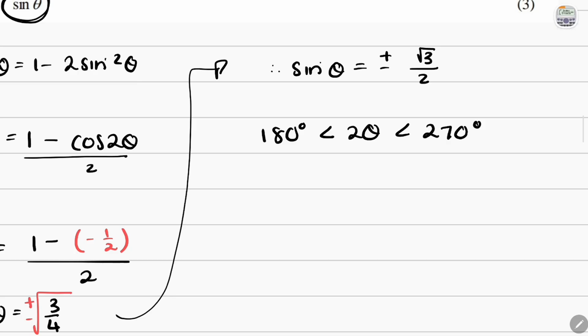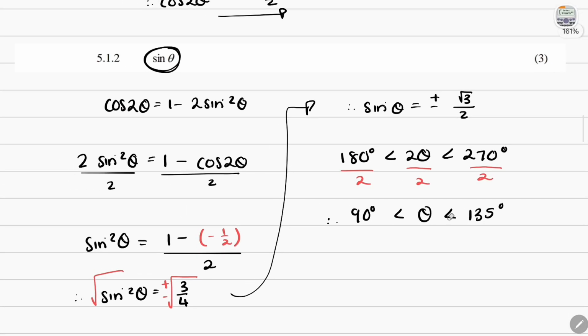Where exactly is theta? Well, you could just divide these by 2 just to find out what theta is. And so we could see that theta is greater than 90 degrees, but less than 270 divided by 2 is 135 degrees.